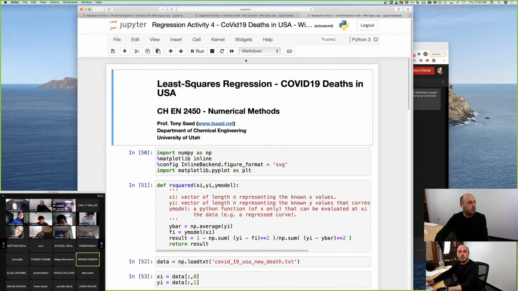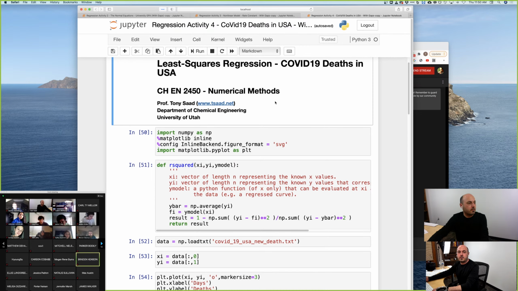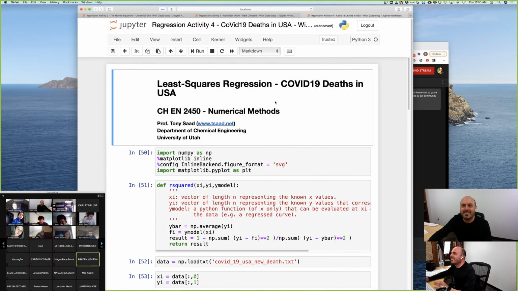I'm going to zoom in so that Sammy is not upset with me. And download that data file, COVID-19 USA new death.txt, and put it right next to your notebook. I'm going to pull the data from that.